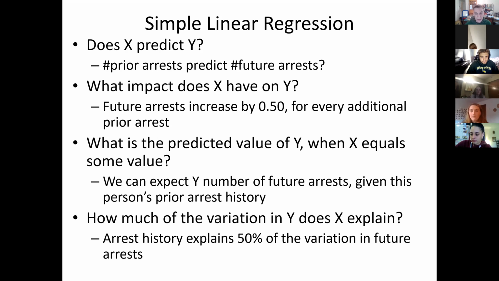This is what we will later call R square, or the coefficient of determination. This is a really important stat because it tells you how well something predicts something else. It might say in this example that prior arrests explain about 50% of the variation in future arrests. You can make that kind of statement with regression as well.